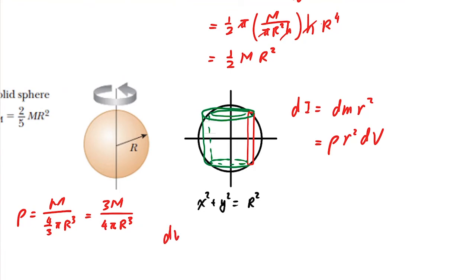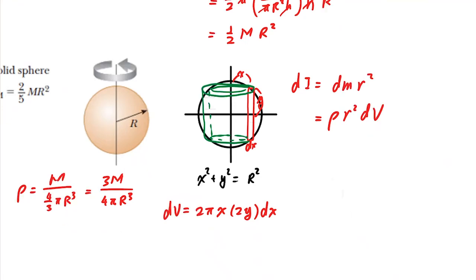Now, here's dv, which is, once again, the circumference, which is 2 pi x. X is from here to here, and from here to here is y, isn't it? So do you see it's 2 pi x times 2y times dx, dx being the thickness of the slab.